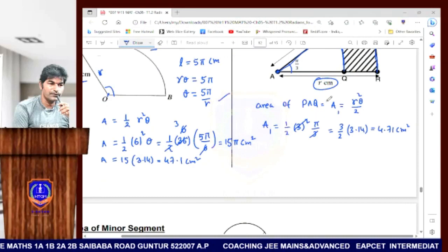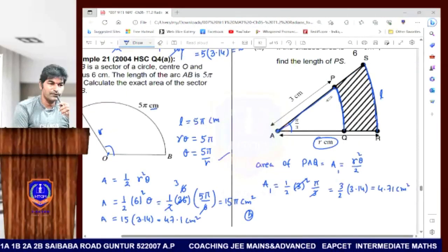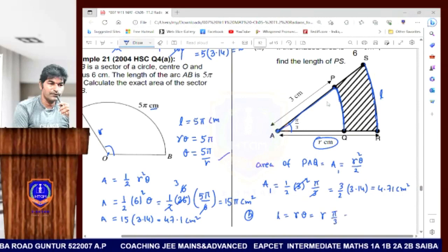Second one, the arc length L equals, what is the formula for that? R theta. So L equals R into theta. What is R? It will be the same R. And theta is how much? Pi by 3.